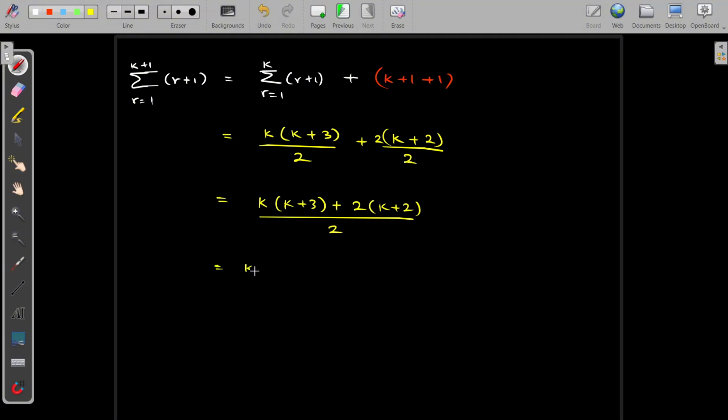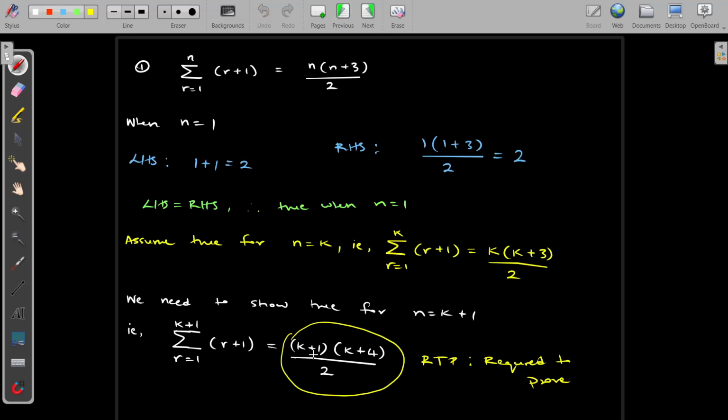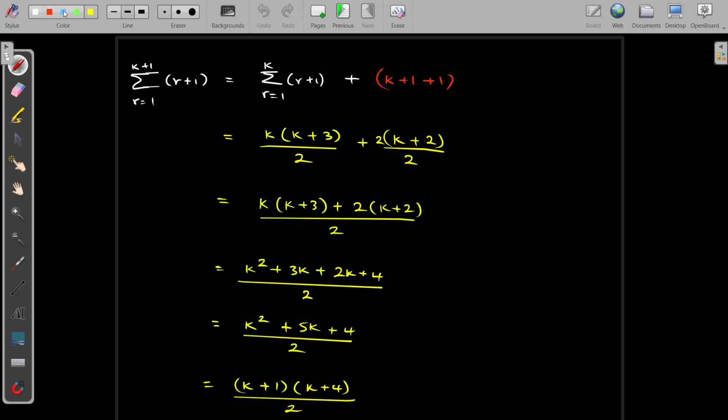Alright, so in expanding, that's k squared plus 3k plus 2k plus 4 over 2. So that's k squared plus 5k plus 4 over 2. And then factorizing this should give us that k plus 1, k plus 4 over 2, which is what we have here. So therefore left hand side is equal to right hand side, hence by induction true.